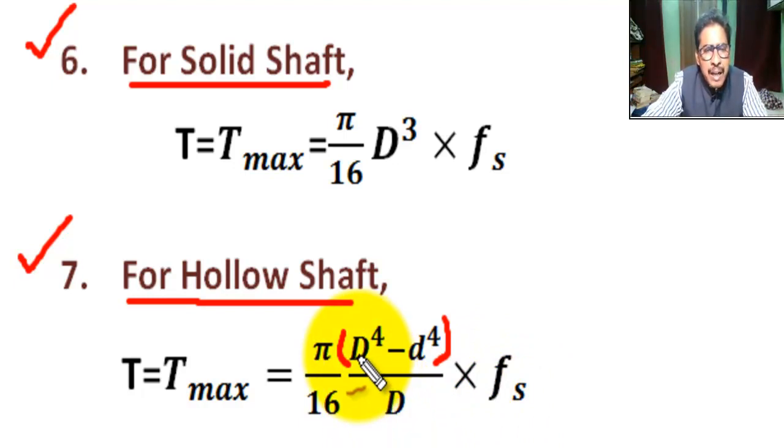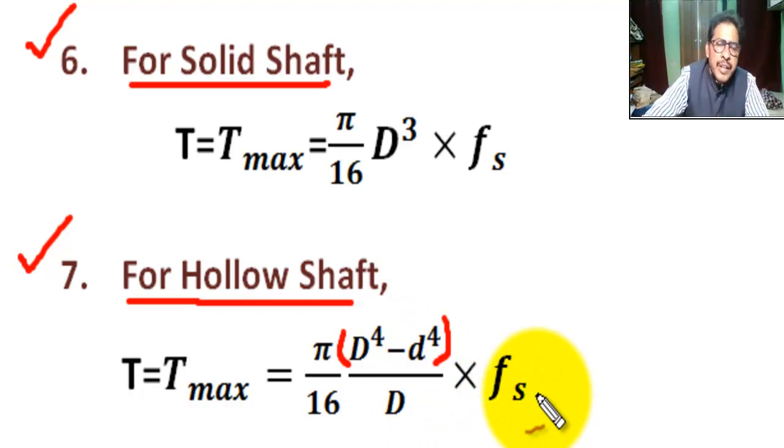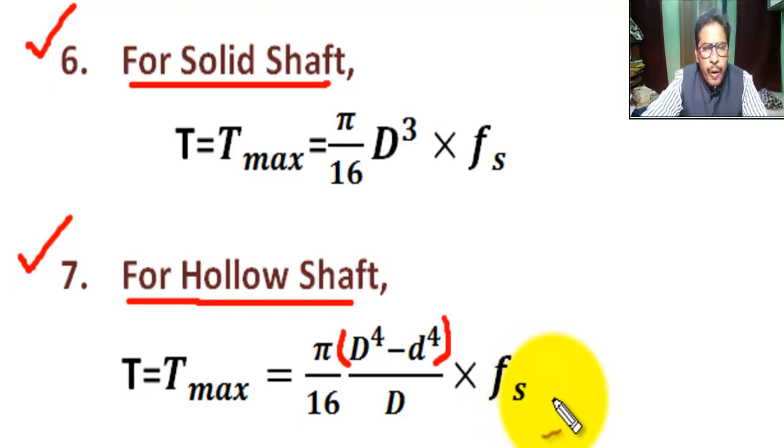Capital D equals external diameter of shaft in meter, small d equals internal diameter of the shaft. Fs means shear stress induced in Newton per meter square.